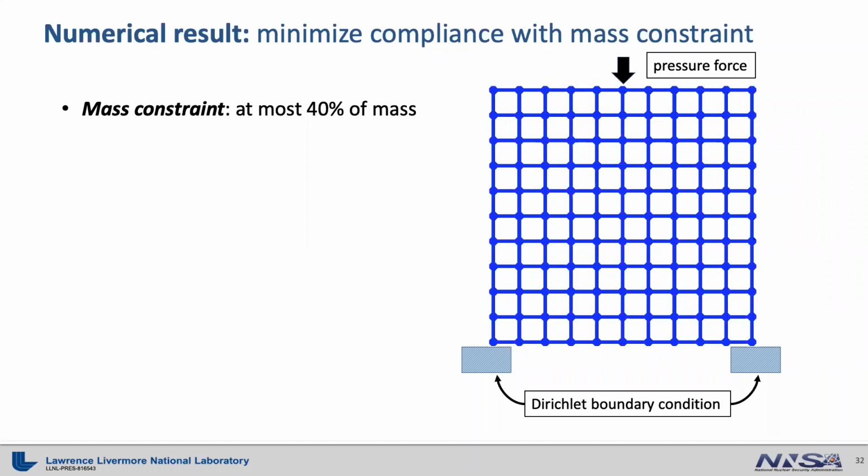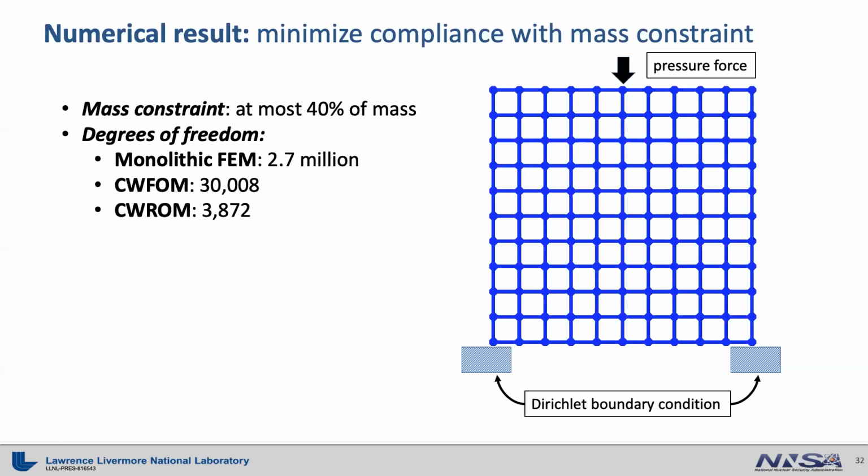The full order monolithic finite element solve, which is the most accurate numerical method, involves 2.7 million degrees of freedom, while CW-FOM has 30,000 degrees of freedom after the static condensation. And then CW-ROM has only about 3,000 degrees of freedom, introducing reduced port basis. The movie, I hope the movie is going to play.